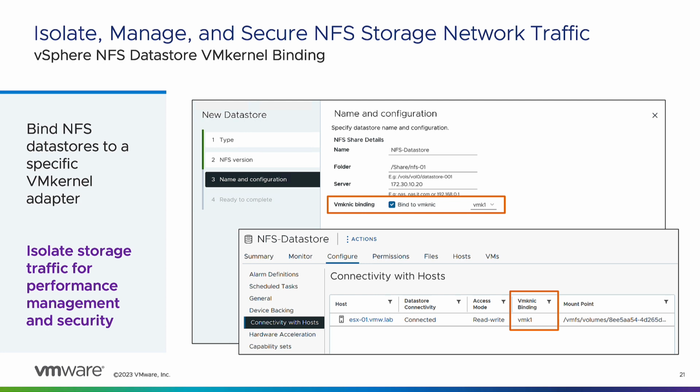And in vSphere 8 Update 1, we now allow you to bind NFS traffic to individual vMkernel interfaces. It's something you can do with iSCSI traffic today, and we're bringing that to NFS data stores as well. You can do it on a per data store level too, so individual data stores can use different network interfaces if you like.